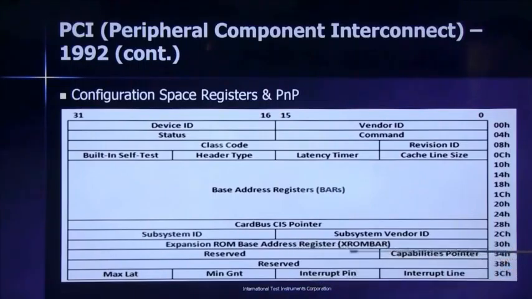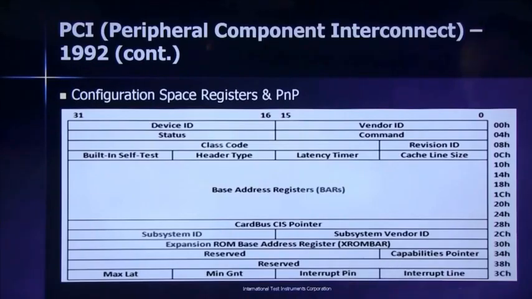Expansion ROM base address, that's if you have a device like an Ethernet controller that you could boot from, or a disk controller with supplied ROM, then this will actually point to the location of that code further in memory beyond this header space here. Capabilities does the same thing. It points to other structures in memory that spell out particular capabilities of the device, and that's essentially a linked list in memory that you can walk.